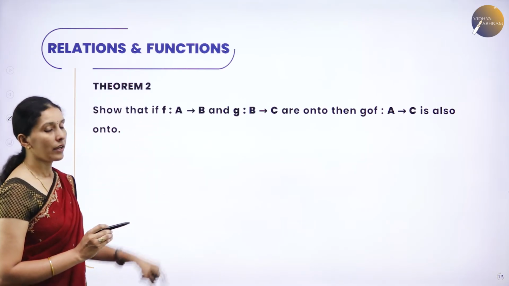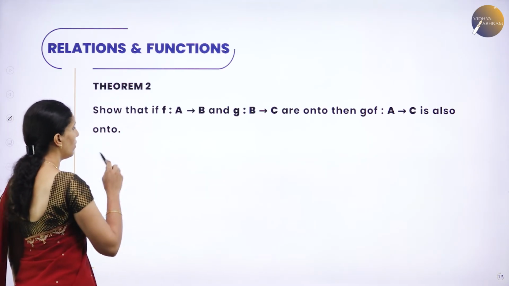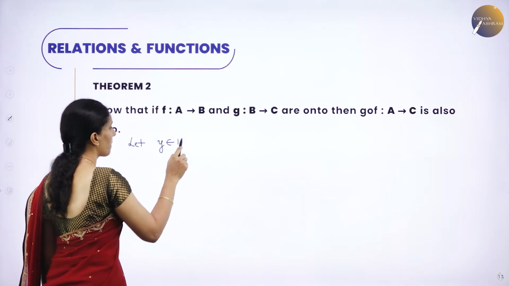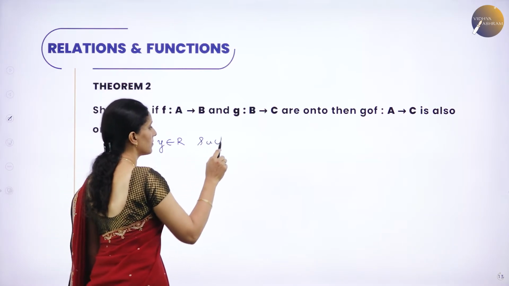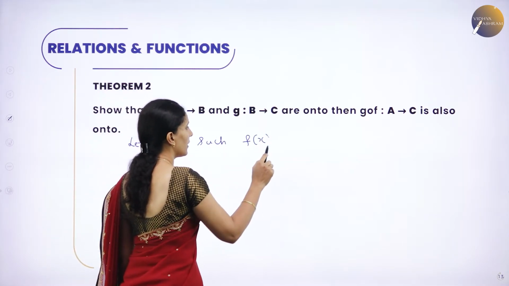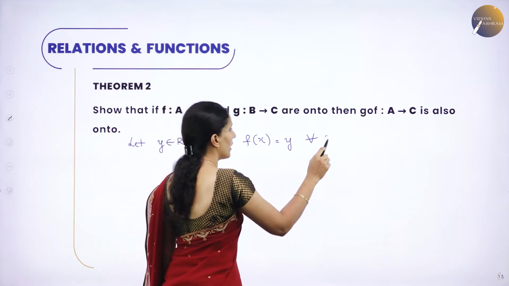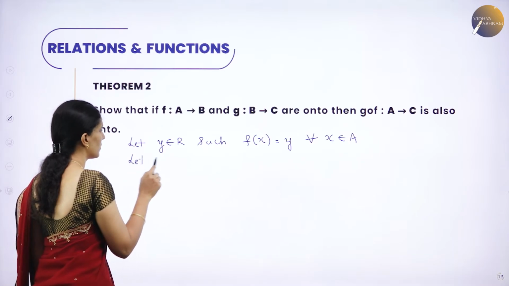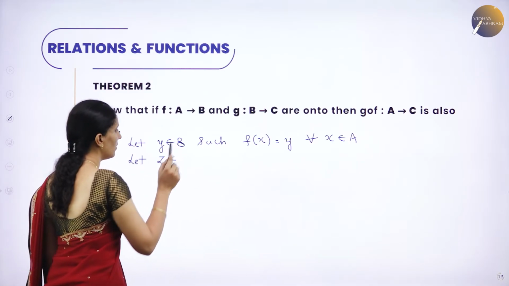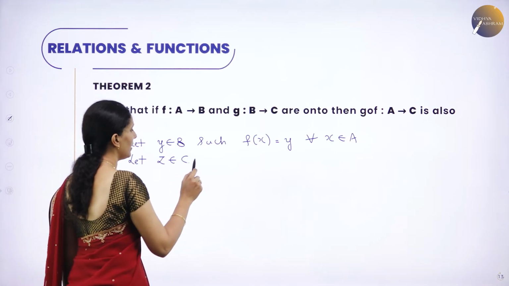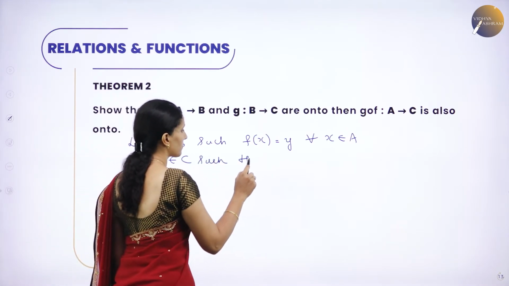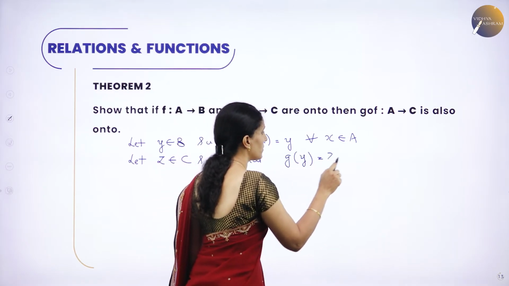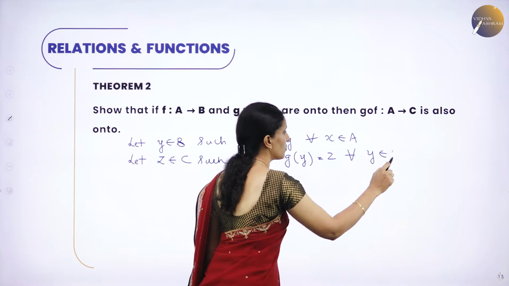So, given f is a function from A to B, so let y belong to B such that f(x) is equal to y for some x belonging to A. Similarly, let z belong to C such that g(y) is equal to z for some y belonging to B.